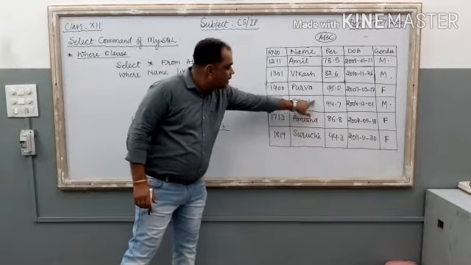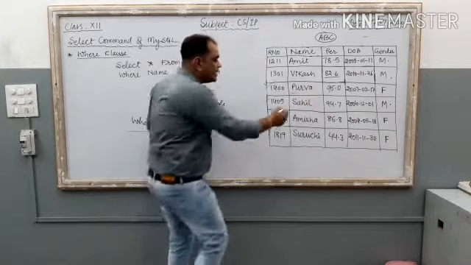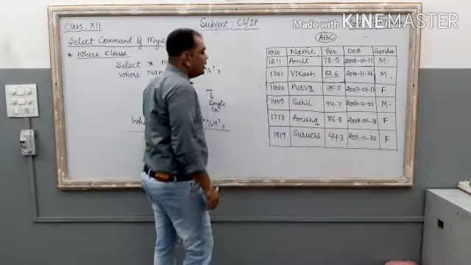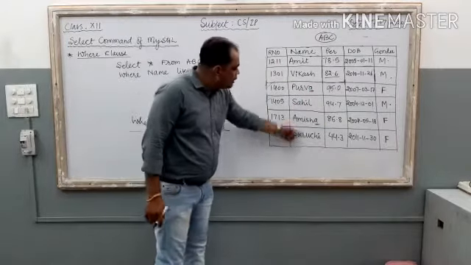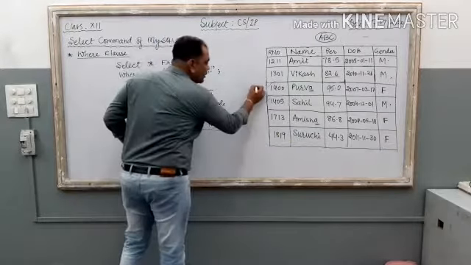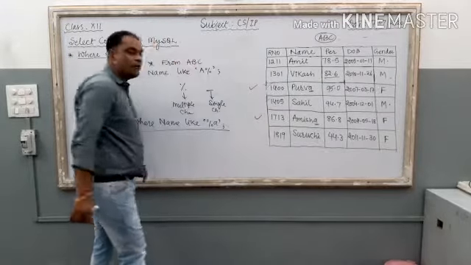Amisha A, Purva A. Just check it out. At the last position A will be there. Only two records are there out of this ABC table. So Purva record will be there on the monitor, Amisha record will be there on the monitor.